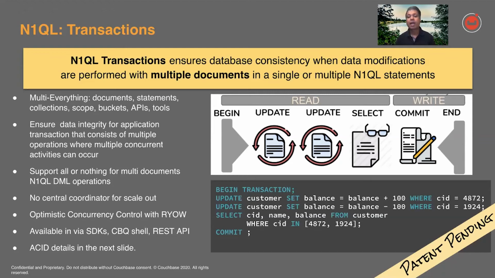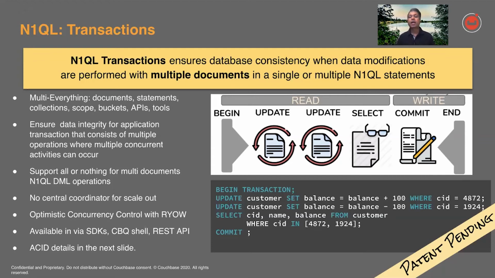Now, what happens is, after Nickel updates the document, we do not write it back to the KV. This is what we call the read phase. We go ahead and read the document and cache it in our internal data structure within the Nickel.